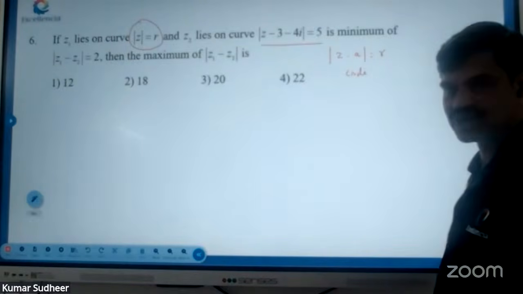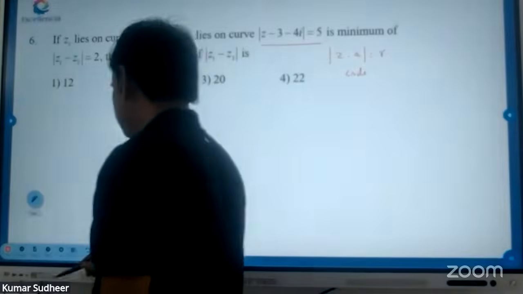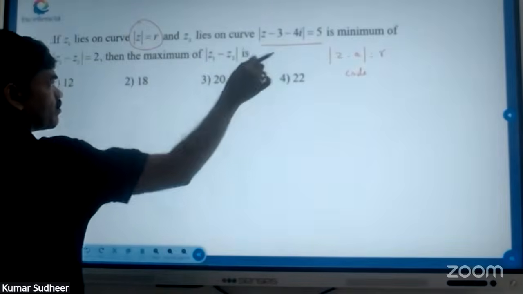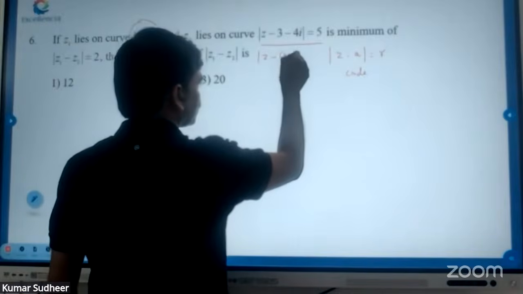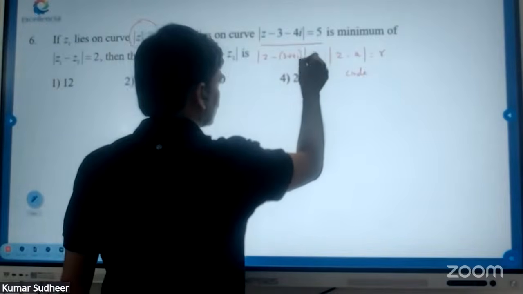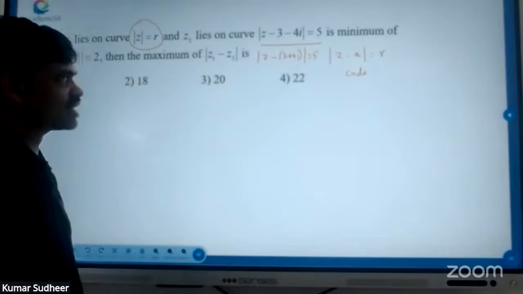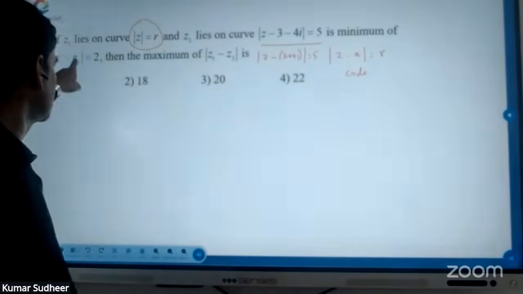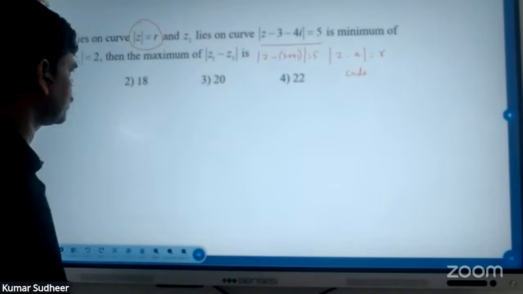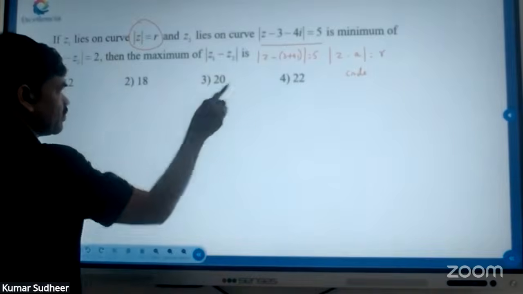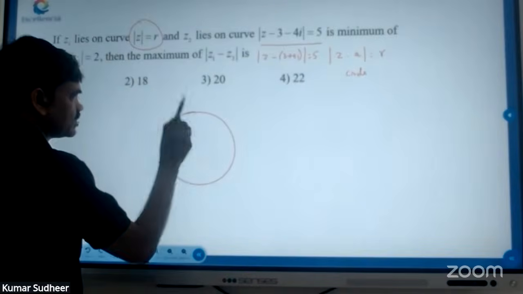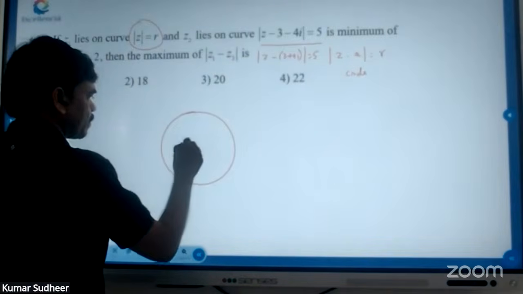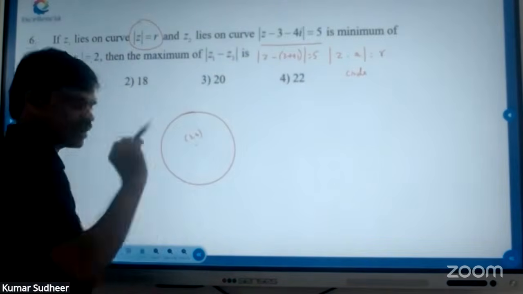So we have two circles given. Let us put it here. First, I can write this as modulus of Z minus of 3 plus 4i equal to 5. So the center of the circle is 3, comma 4, and here the center is 0, comma 0. This circle has center 3, comma 4 and radius 5.